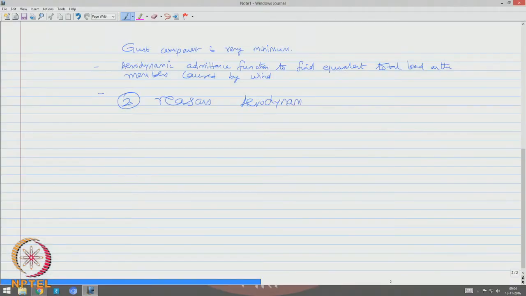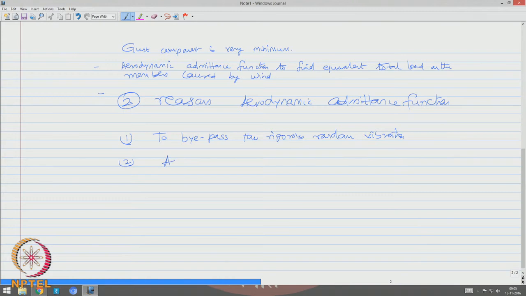There are essentially two reasons why we use the aerodynamic admittance function. One, we wish to bypass the rigorous random vibration concept.